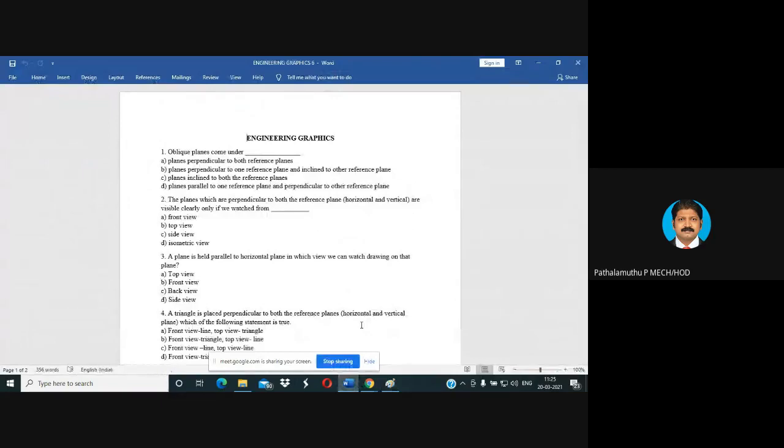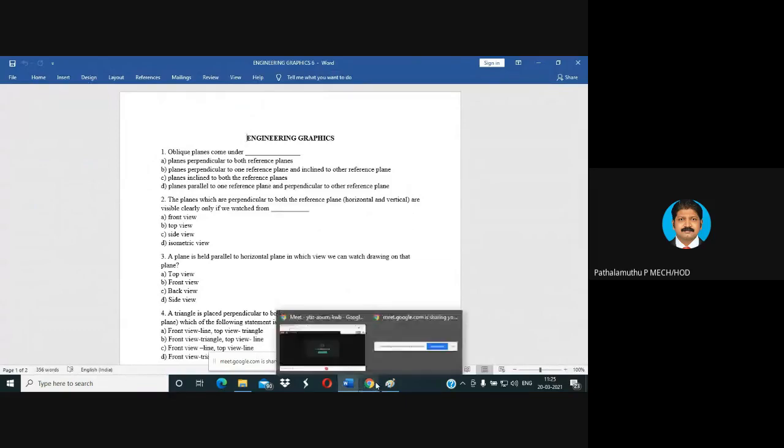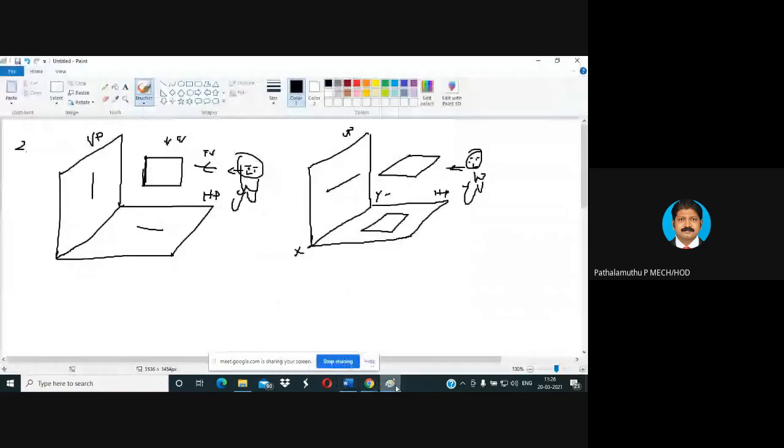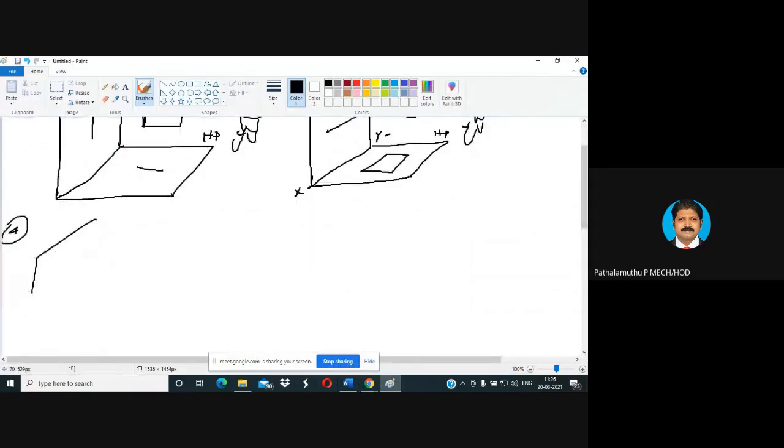Consider the first quadrant, with the triangle perpendicular to both HP and VP. The front view has a straight line, and the top view also has a straight line.